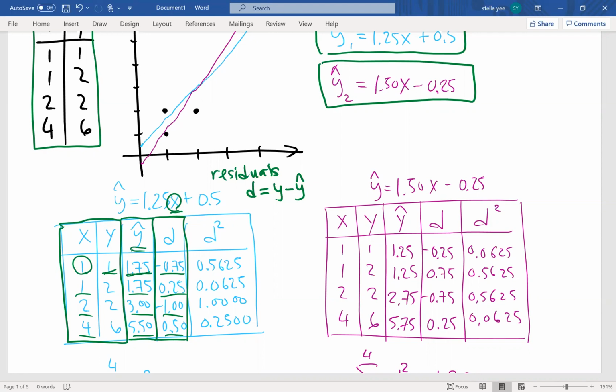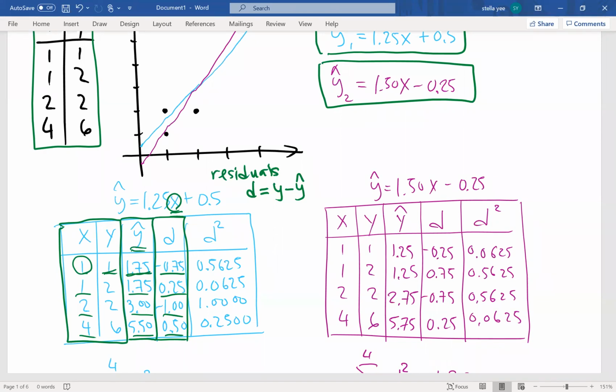Now, if this was a good approximation for the data set, then you want this residual to be small. Small and close to 0 is what I mean, right? I don't want it to be a big positive or negative number, right?